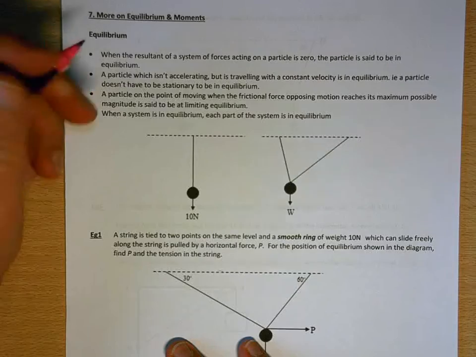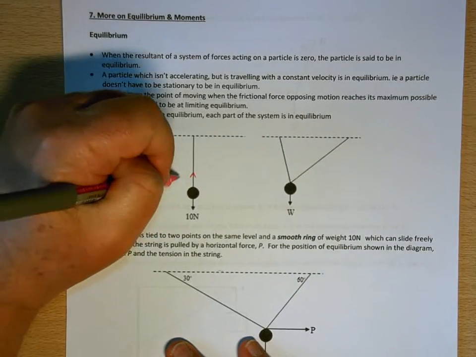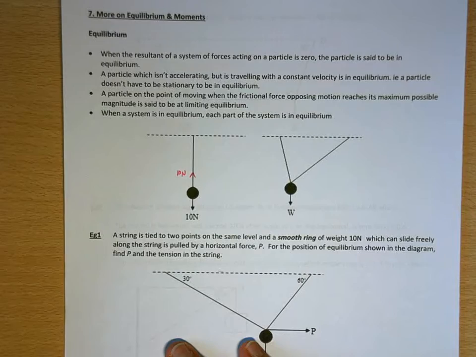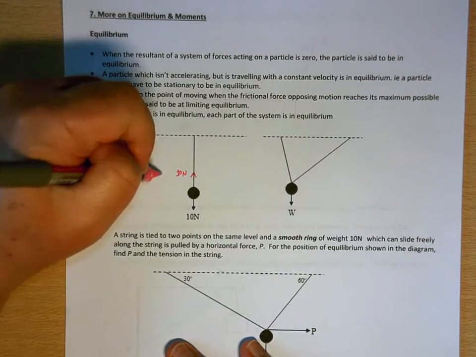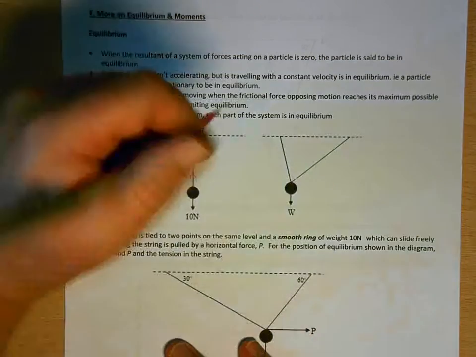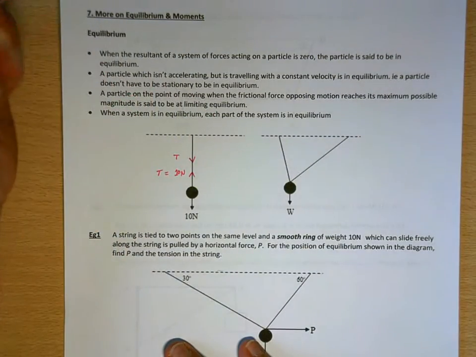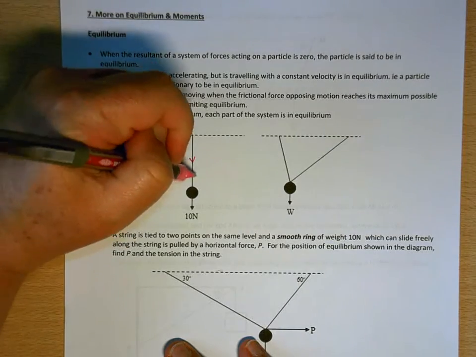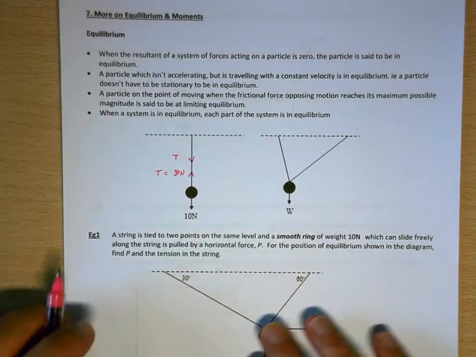So in this example here, if there's a 10 Newton force acting downwards, then there would be an equal and opposite 10 Newton force as a tension acting to counteract that. But if you zoomed in at anywhere else, at any other point on the diagram, you would also have that equal and opposite tension.